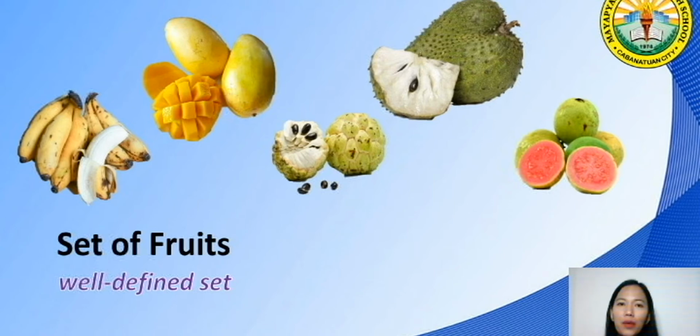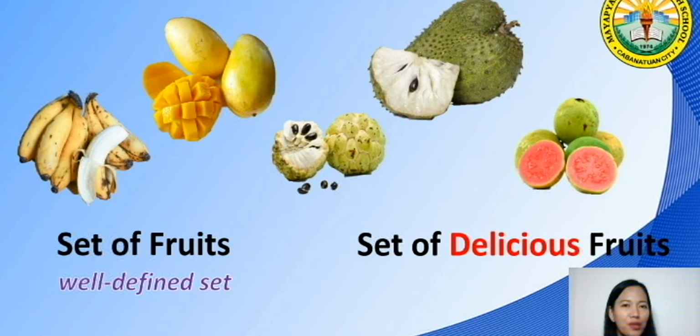How about if we will name it a set of delicious fruits? Very good. It is not a well-defined set because it depends upon the preference of the person. Some may say that these are all delicious, but others may not.